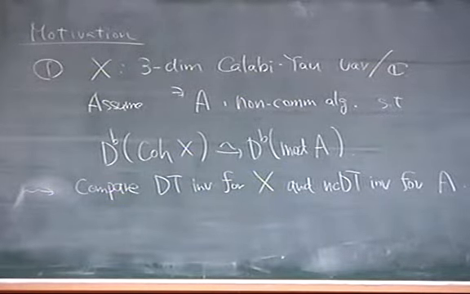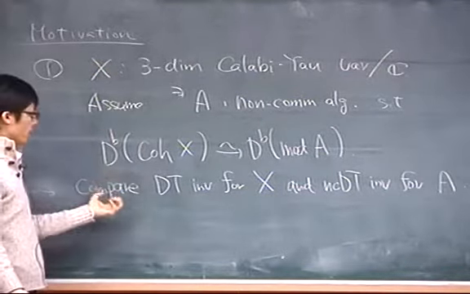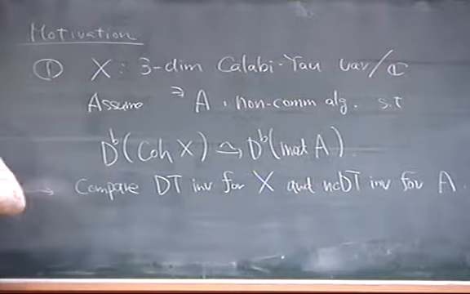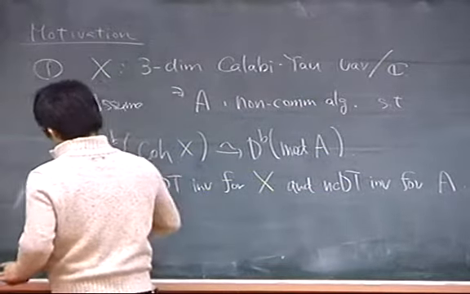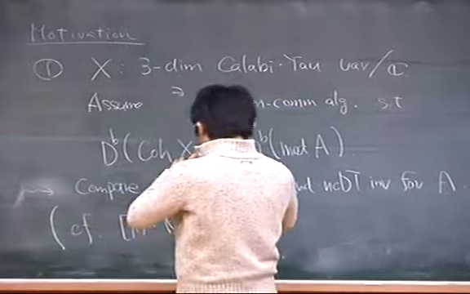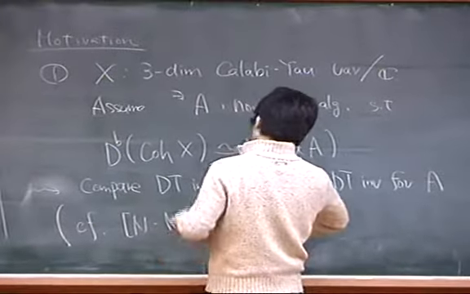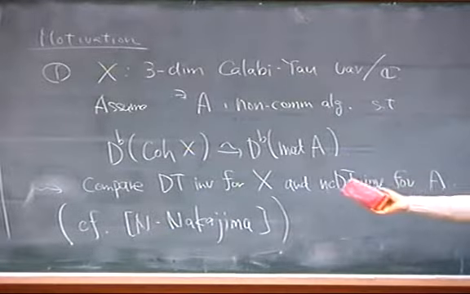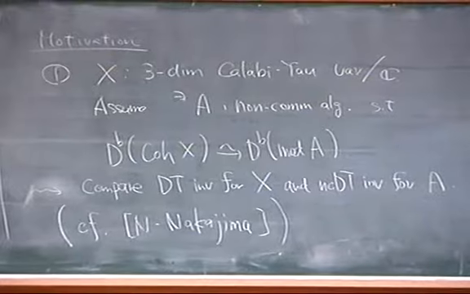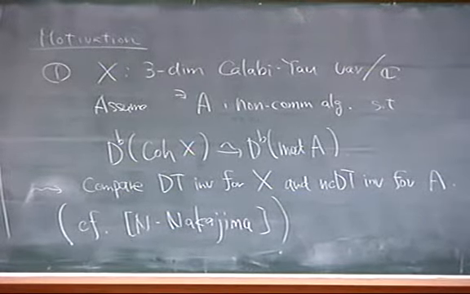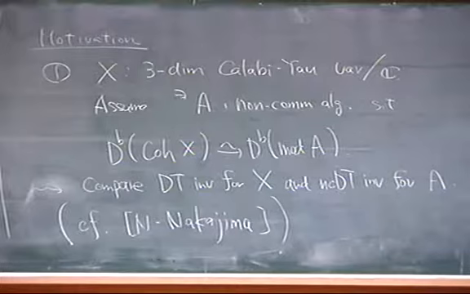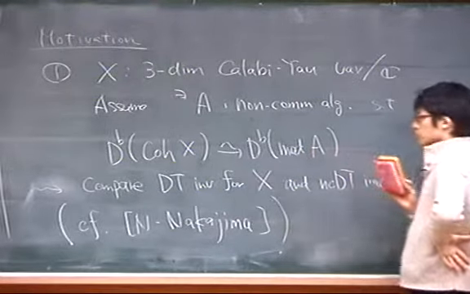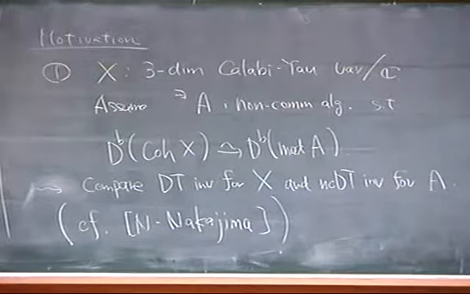And his proposal is, under this derived equivalence, to compare the Donaldson-Thomas theory for X and for A. And actually, in my paper with Nakajima, we show that these two theories are related by a wall crossing phenomenon, and as an application, we provide an explicit description of the generating function of Donaldson-Thomas invariants as an application of the wall crossing formula. Of course, in some special setting.